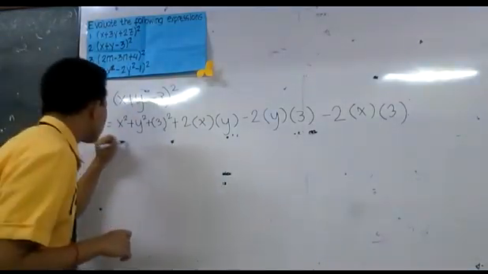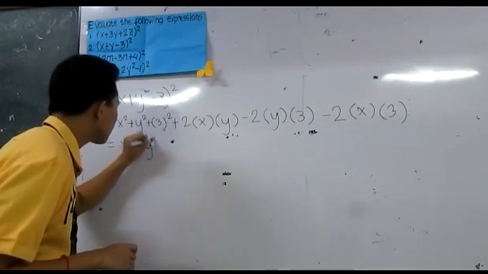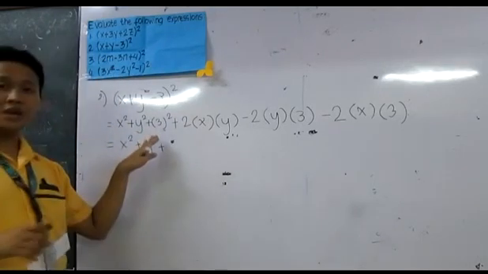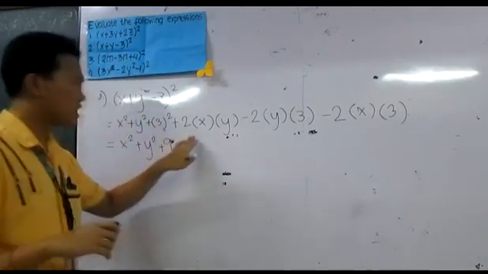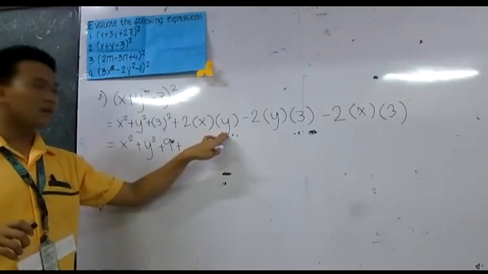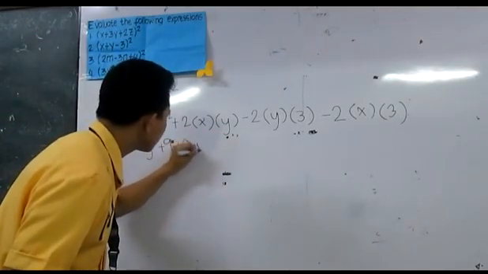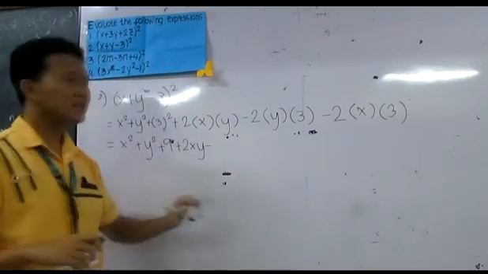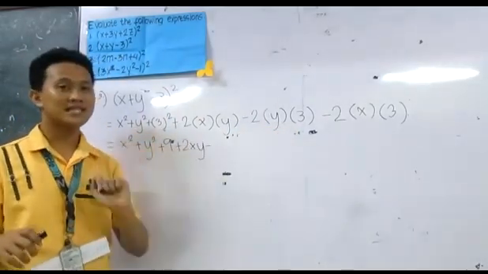Copy x squared and y squared. So 3 squared is 9. Plus 2 times x times y, we have 2xy. Minus 2 times y, 2y, times 3, 6y.